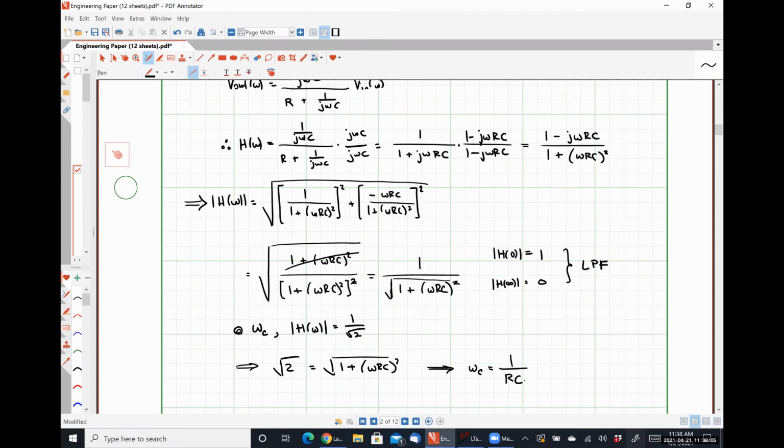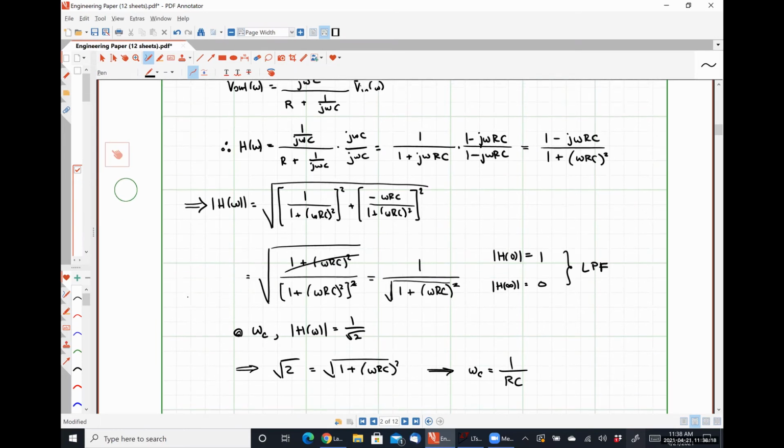When you learn to work in the frequency domain or the Laplace transform, how many of you have had 245? A couple of you, okay. So omega c is what is called a pole frequency.